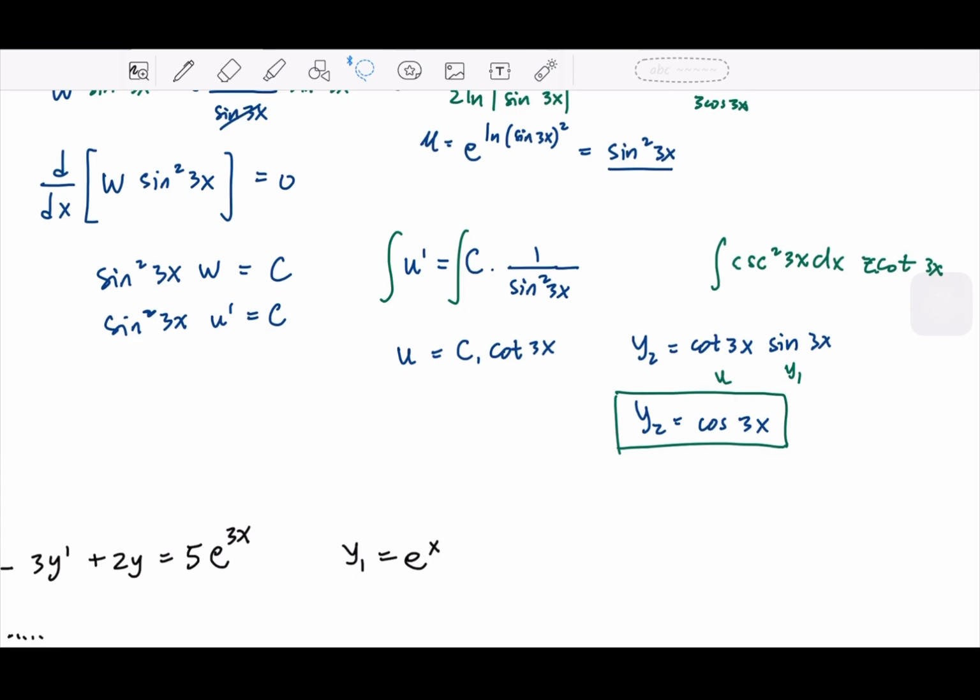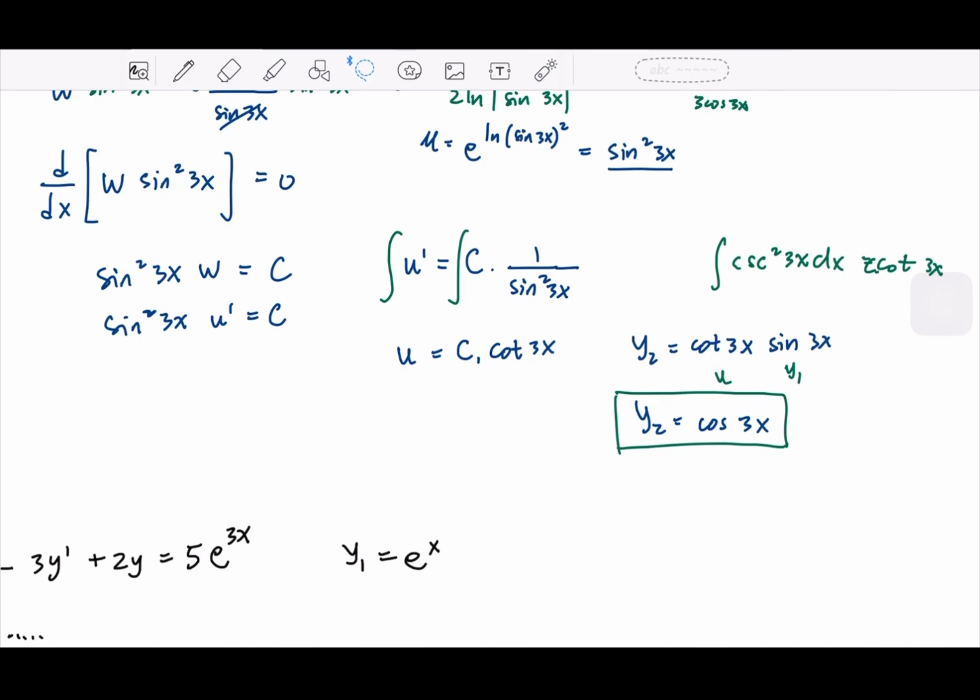So we only care about the function itself. The constant can be any number, so we just focus on the structure of the function. We're only interested in this cotangent 3x. So we propose that y2 is cotangent 3x multiplied with y1.